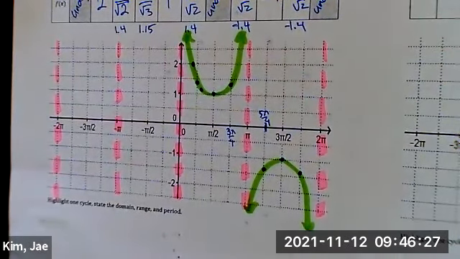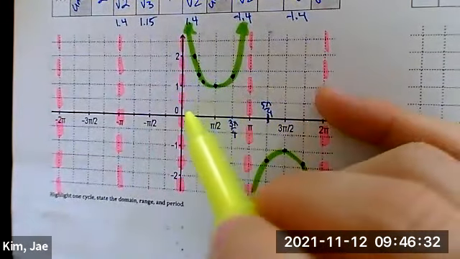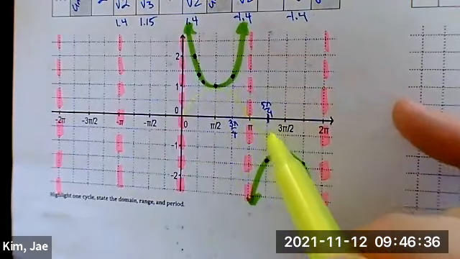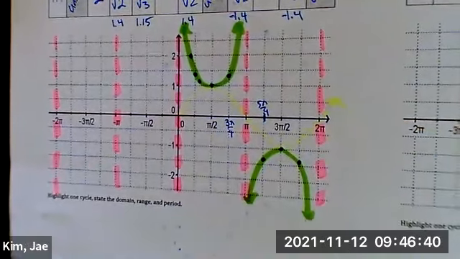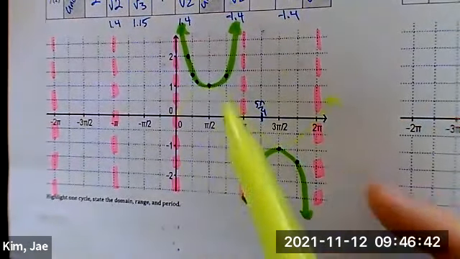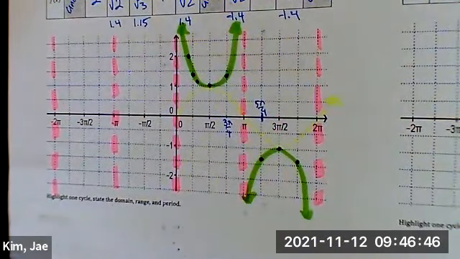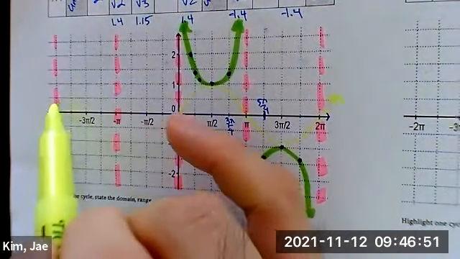As a hint, I'm not sure if yellow will show up, but a sine curve is this right now. You see that? Sort of? Yeah, that's a sine curve. This is the reciprocal. Looks messed up. And a sine curve, you know that it's going to repeat every 2 pi. It's going to do this.